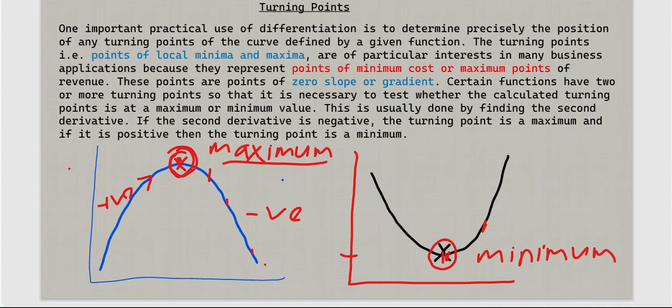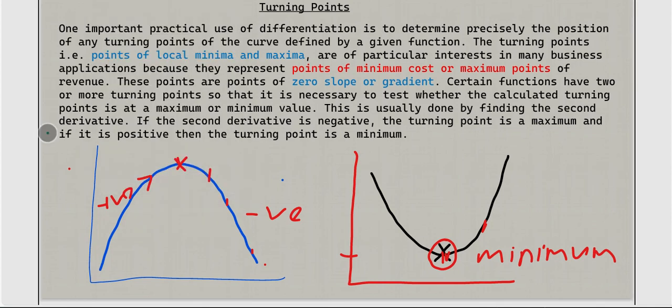Right, now having said that, let's look at what we are saying about the derivatives. We are saying that this point here has a 0 gradient. If I was to drive a car at the top at this maximum point, the car would be straight, meaning the gradient is 0.